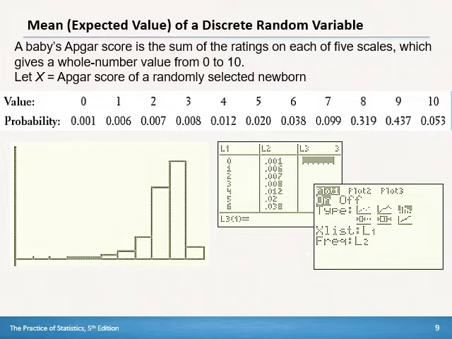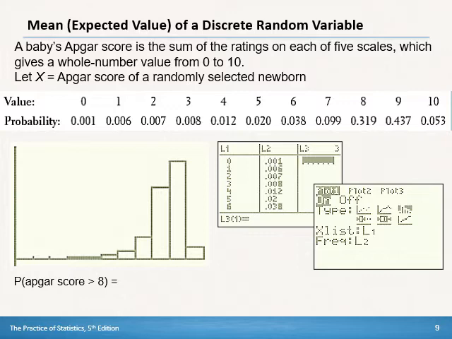Instead of listing how many zeros there are in a whole list of 1,000 babies and all their scores, here we just list all the possible scores and then the frequencies or probabilities that they happen. If you did this, you might have to adjust your screen so that each class width in your histogram is the same as the numbers, so you'd have to make some window adjustments perhaps.